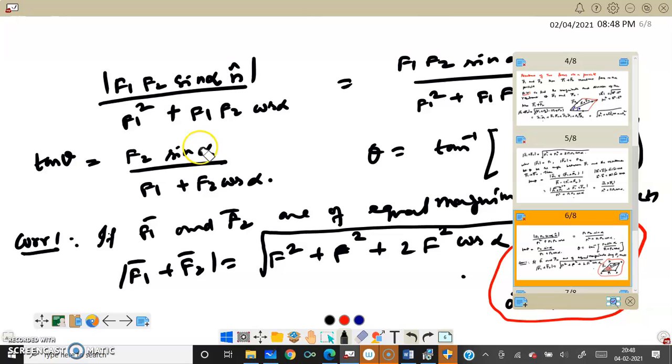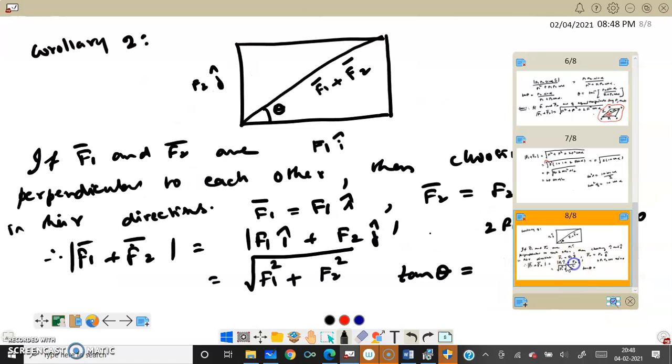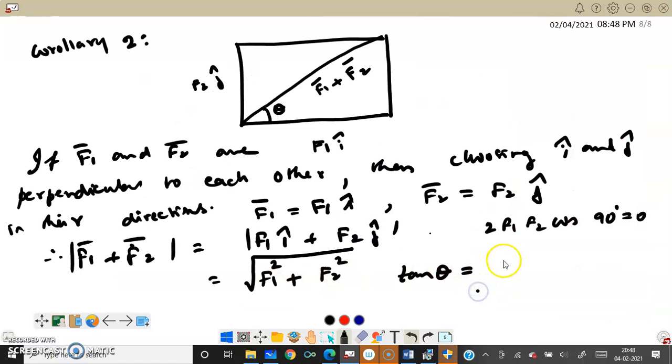The angle between them is 90 degrees. Sin 90 is 1, so we get F2. Cos 90 is 0. So tan theta is equal to F2 by F1, right? Therefore, theta is equal to tan inverse of F2 by F1.